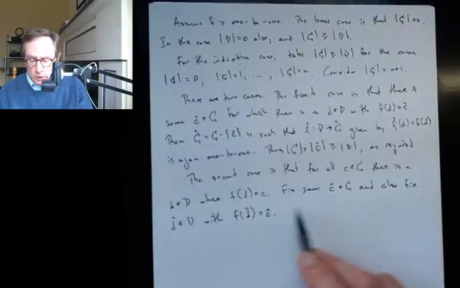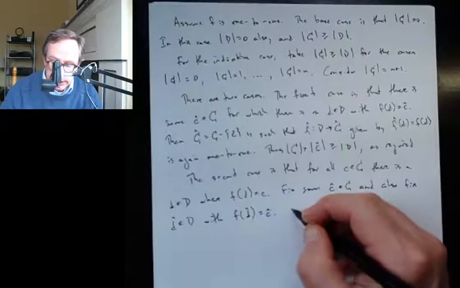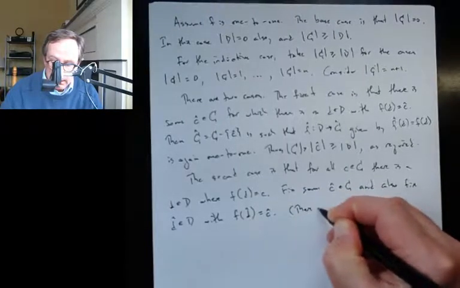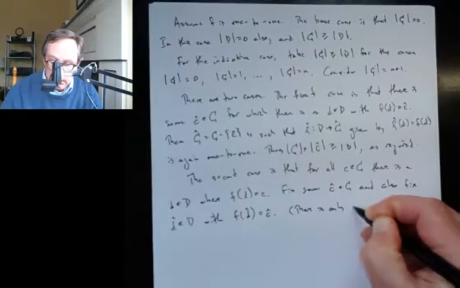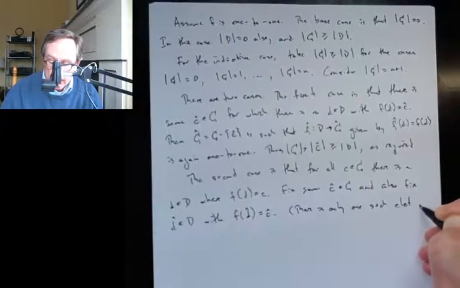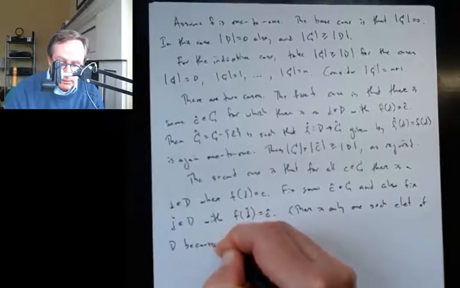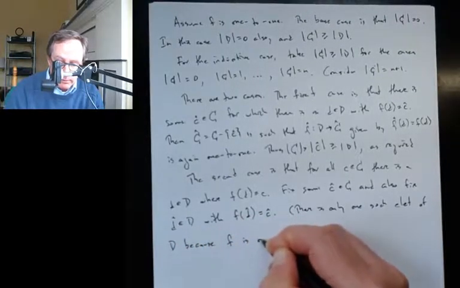Oh, but I only wrote one. Aha, but the function is one-to-one, so there's only one such element of D because f is one-to-one.